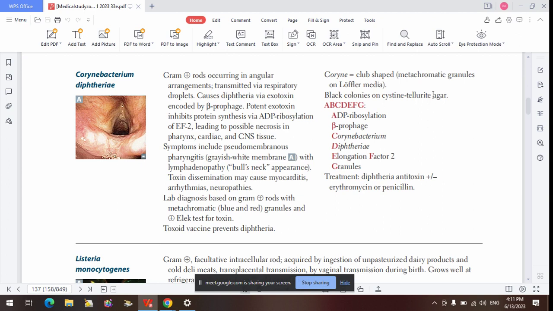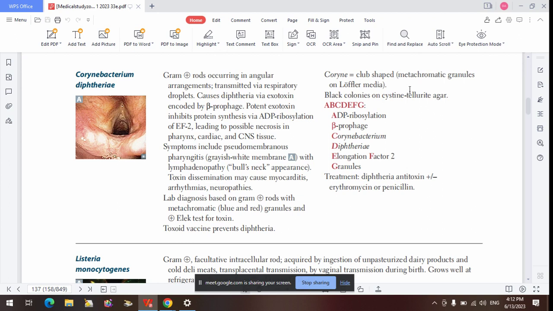You see club-shaped colonies, which contain metachromatic granules. We call them metachromatic granules because they can appear in different colors, like blue and red. Anything metachromatic has different colors, but the typical color you see for Corynebacterium is blue or red granules, together within the Loeffler medium. So remember the two media where you grow Corynebacterium diphtheriae.